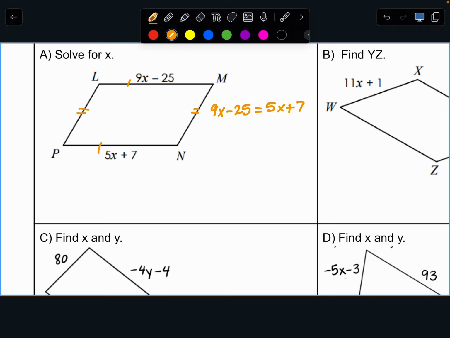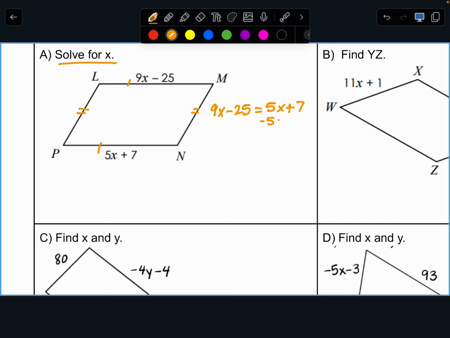That's it. Now we solve. All it says is to solve for x. I'm not substituting for anything. So we just solve the equation. But the only way that you know that it's equal and not equal to 180 or 360 or any other number is if you remember that the opposite sides of a parallelogram are congruent.